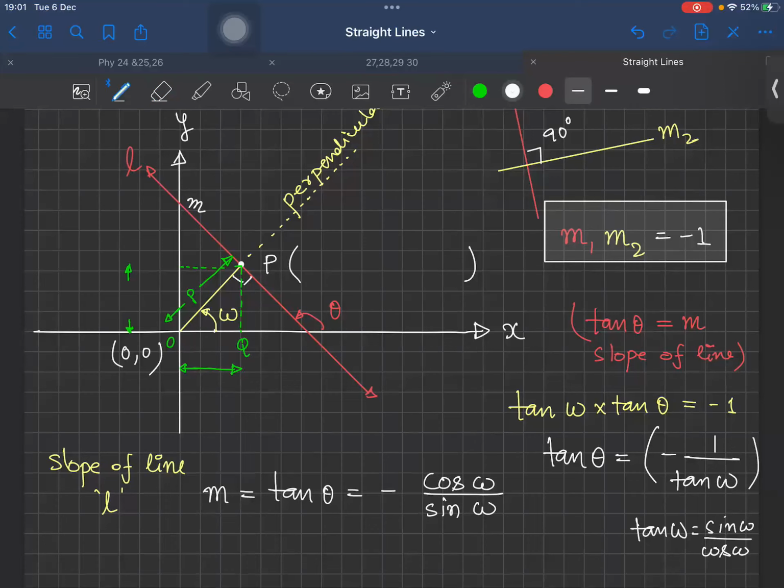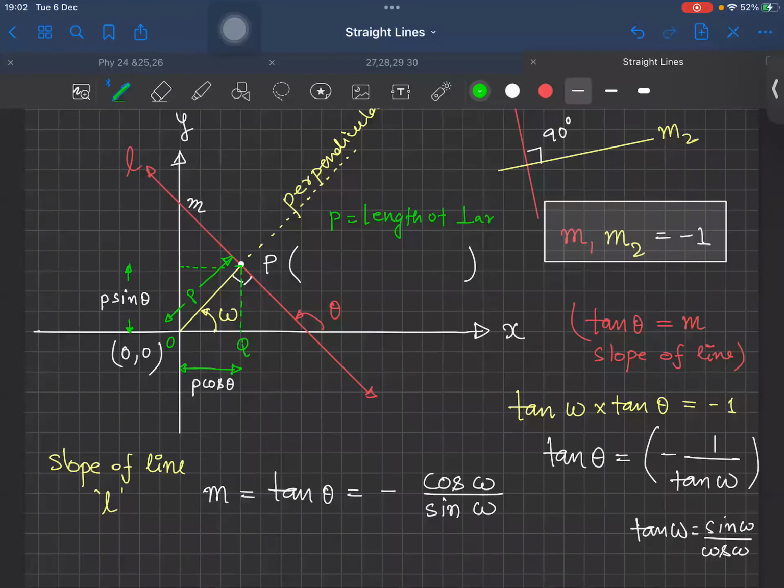Yes, sir. It is right. So this is your P cos theta. In vectors also you might have studied in physics, first chapter, mathematical tools. P cos theta, this is P sin theta. Right? P is the length of perpendicular. Let me write P is equal to length of perpendicular.